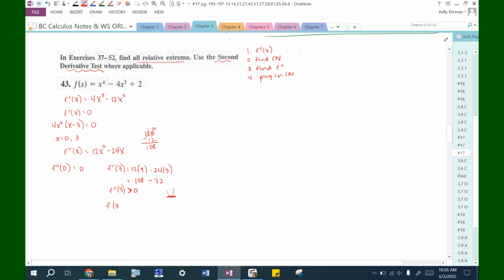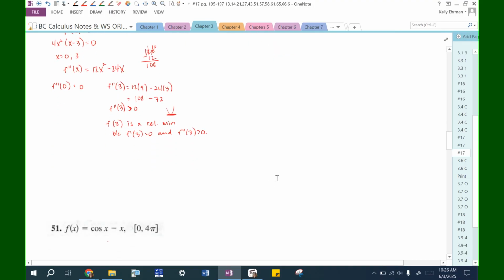So f of 3 is a relative min because f prime of 3 equals 0 and f double prime of 3 greater than 0. That's all that you have to say. You don't have to draw the picture. You don't have to explain what's happening. That's it. So that's by the second derivative test.